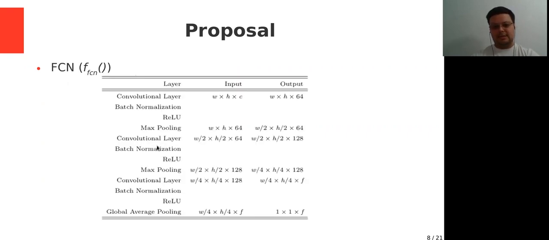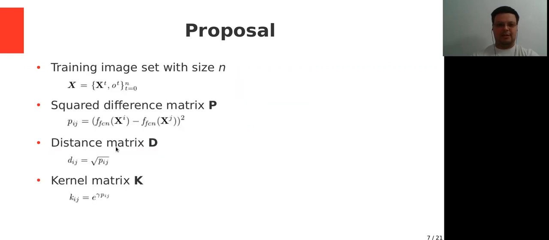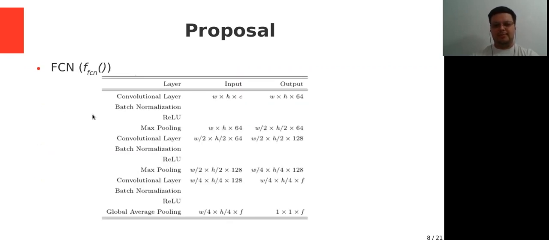So this is the FCN that we are using. This is the function that does this transformation. In this example, we use this in all of our results that we're showing in the future. So it's basically a very simple FCN with a global average pooling at the end, with a configurable output feature vector.